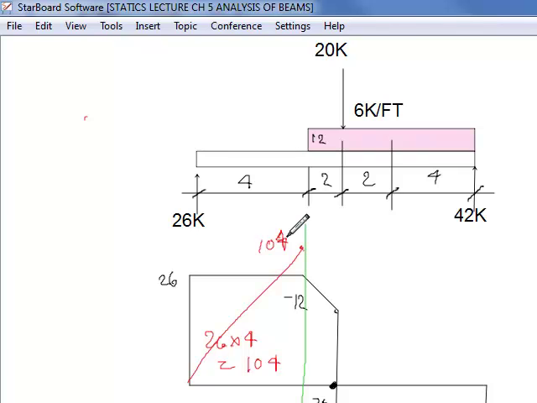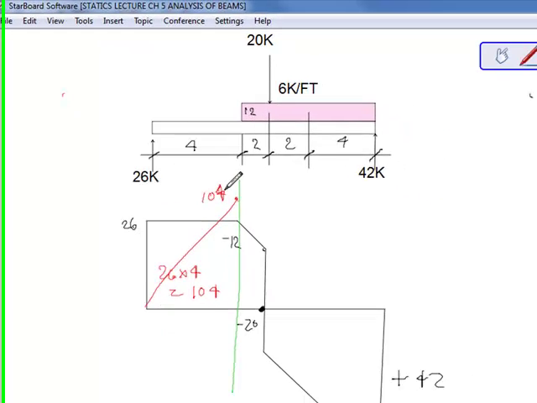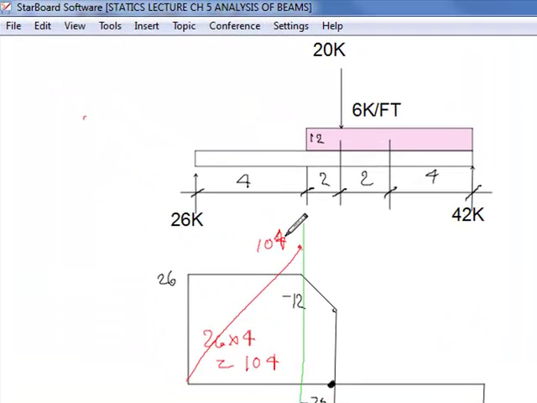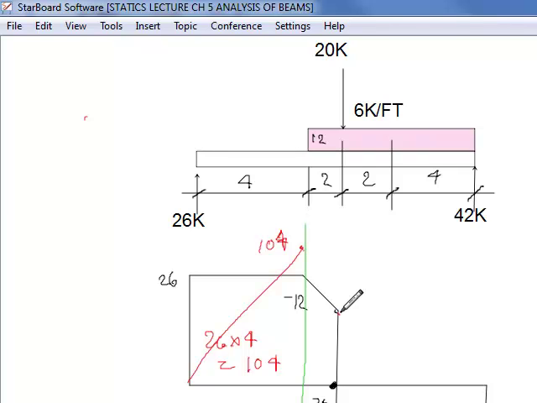So you've got 26 plus, let's see, we've got to figure out that area of the triangle. This point here is 14, I believe. 26 minus 12 is 14. So you have 26 plus 14 divided by 2 times 2.